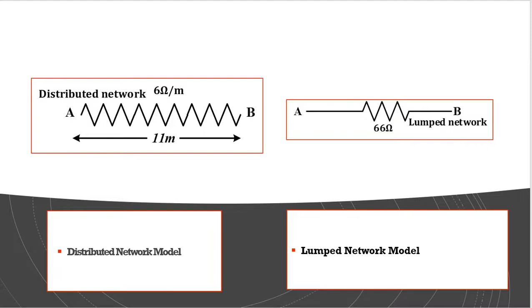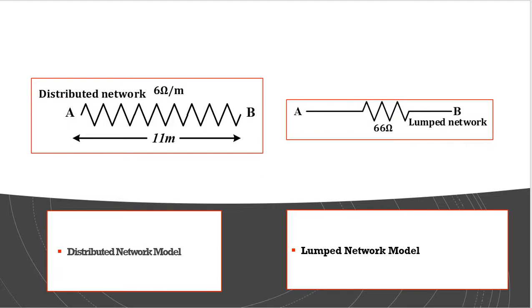So these are the two methods most frequently used for representing networks: one is the distributed model and the other is the lumped network model, right. I hope you are clear on how we can define a distributed network as well as a lumped network, right.